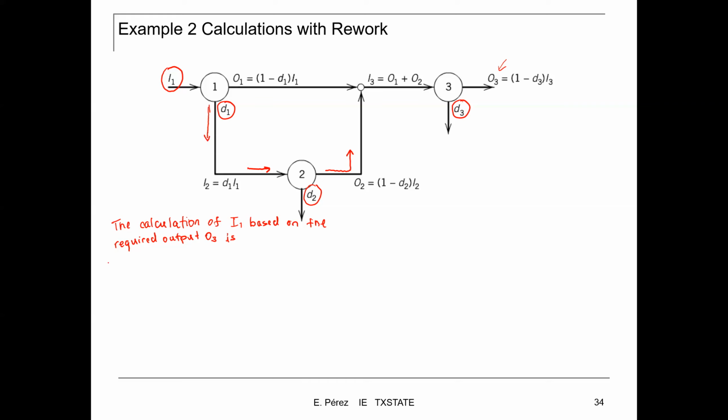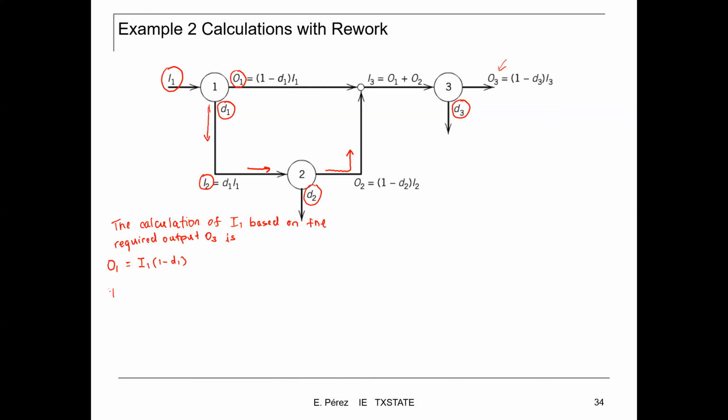So I'm going to state some of what we know. We know that the output of 1 is going to be equal to the input of that station times 1 minus the rate of defects, right? And we know that the input of 2 is going to be whatever comes down as a defect times the percentage of the defects for that first station.